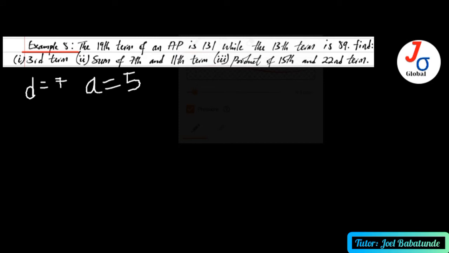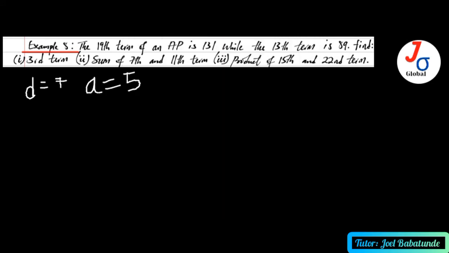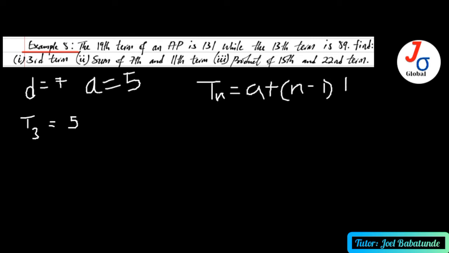I have to find the third term, T3. So remember the general formula of an AP? The first term is A, that's 5. Let me write that general formula here: A plus (n minus 1)D. The A is 5, plus, what's the n here? 3, that's the third term, 3 minus 1.